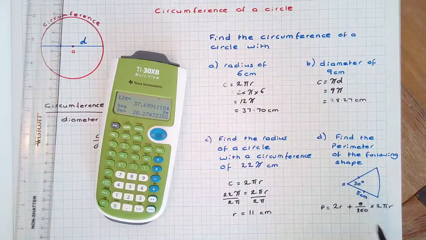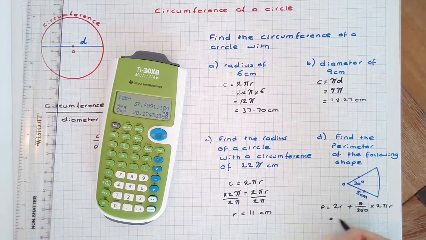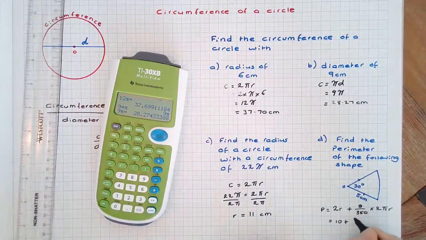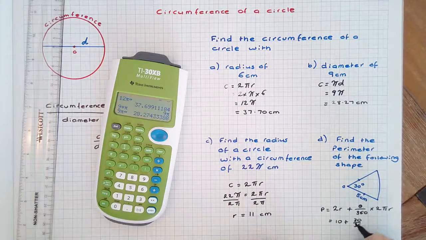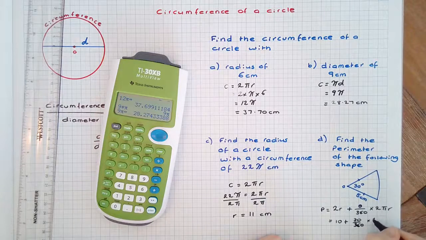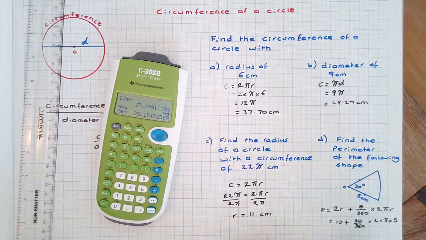Here, the radius is 5 centimetres. So we have 2 times 5, which is 10, plus 30 degrees over 360, which is the fraction of the circle, times 2 times pi, times the radius 5.